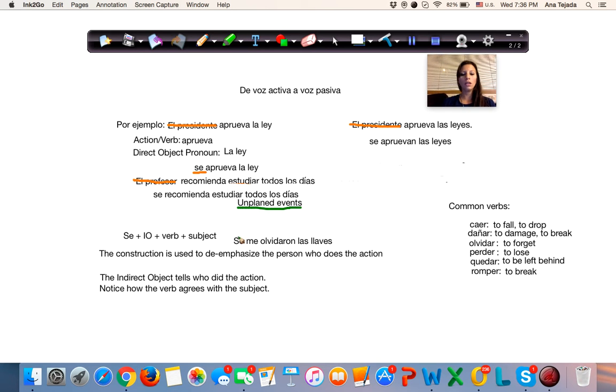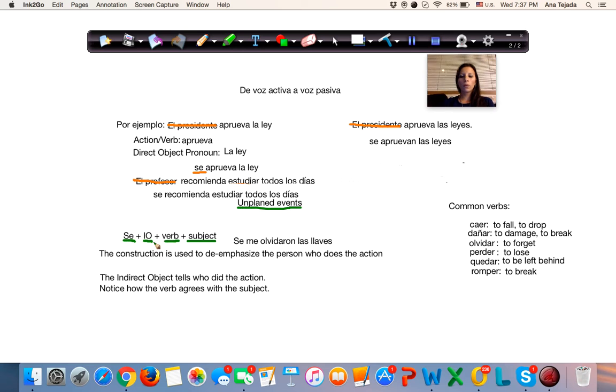Okay? So the construction, we have it right here. We have se, indirect objects, verb, and subject. So se, it's just se.